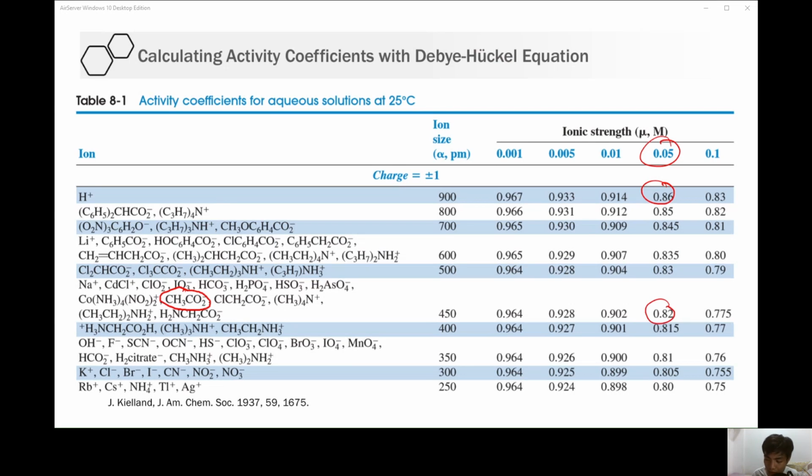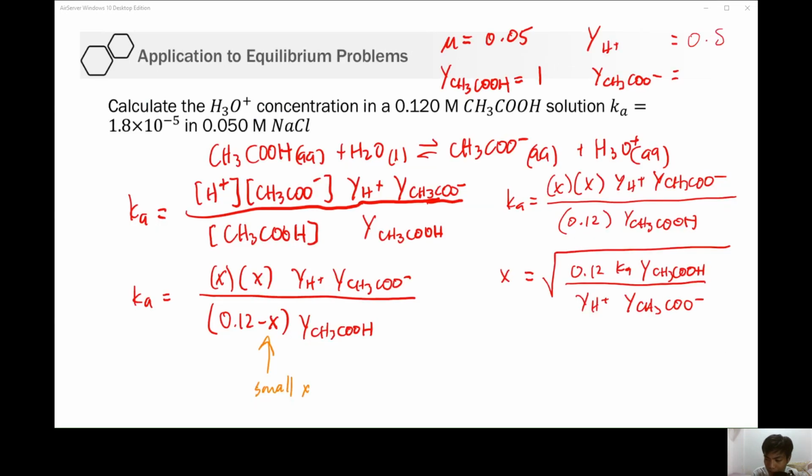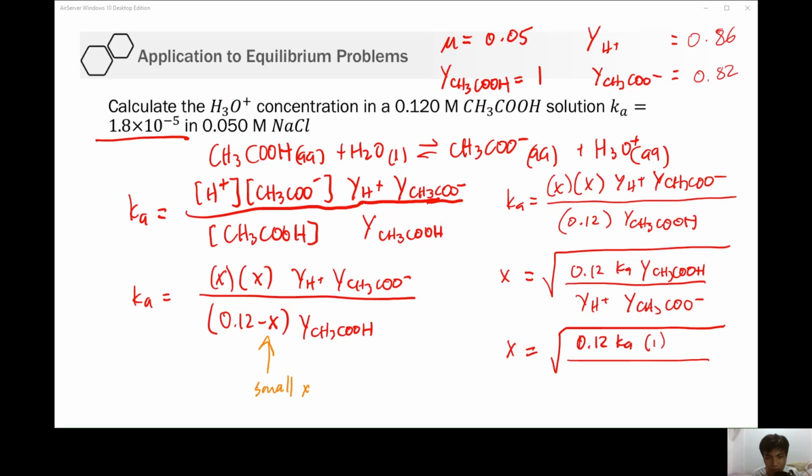So let's plug it here: 0.86 for H plus, 0.82 for acetate ion. Let's plug all of those into our x. So we get 0.12 times the Ka, which has been given already, so you're just going to plug it in. The gamma of acetic acid is 1, for H plus that's 0.86, and for acetate that's 0.82.